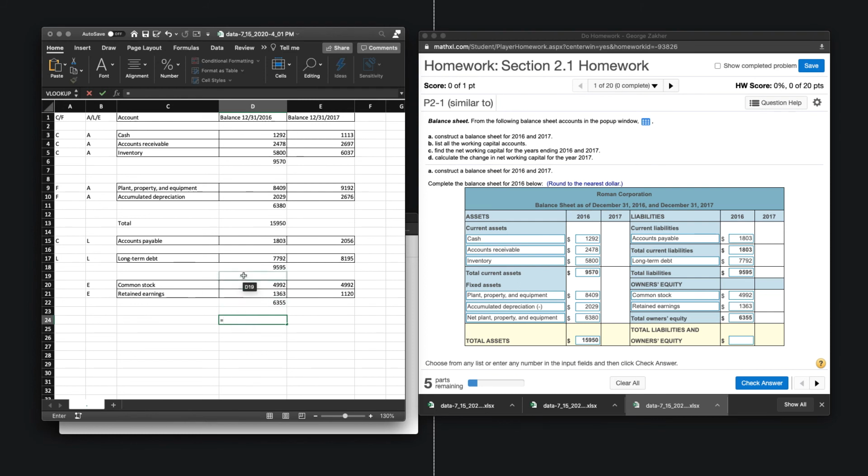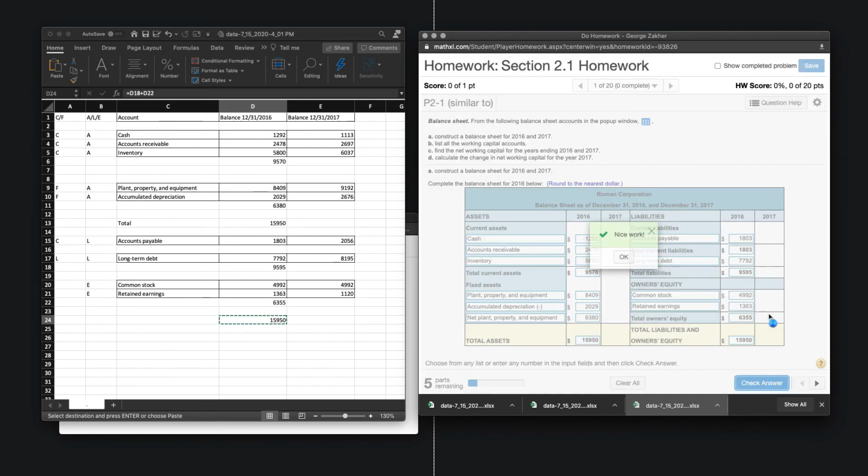Now, you might think, oh goodness, I'll have to do all these calculations again. Not quite. Don't forget you are using Excel, so you can use your autofill and you can get your numbers that way. Okay. And again, hopefully it does add up.